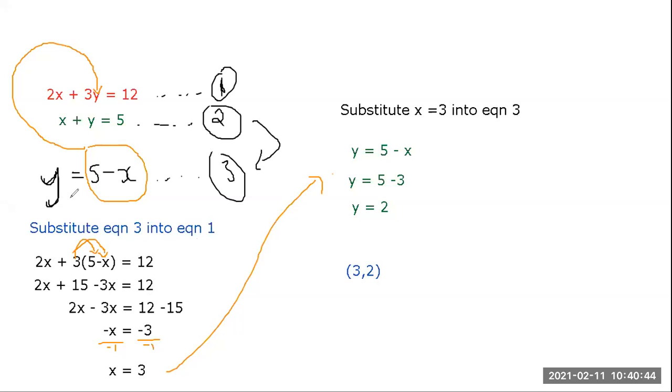And then after that, we take what y is, which is equation 3, and we substitute it into equation 1. We go through and we solve it. We find out that x is equal to 3. Then we take that and put it into equation 3. I chose equation 3. You could have chosen any equation you wanted to. And it says y equals 5 minus x. Then I substitute 3 where x is, and I got the answer to be x is 3 and y is 2.